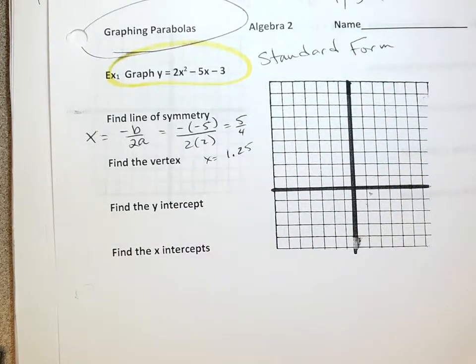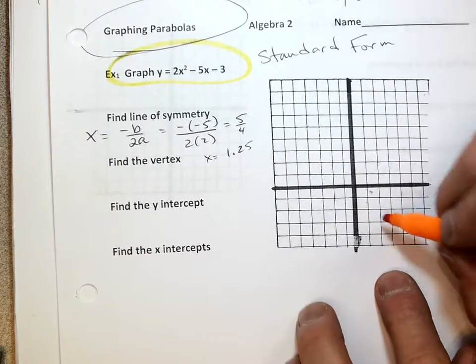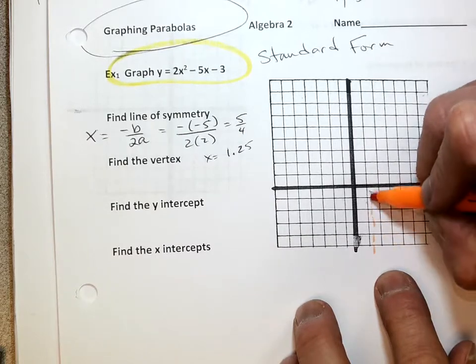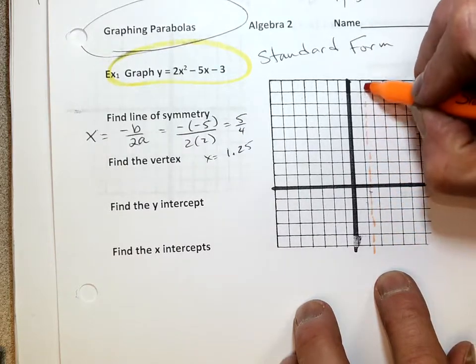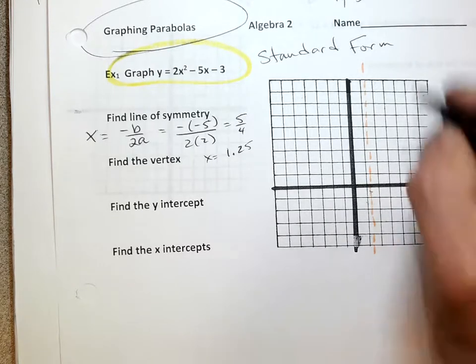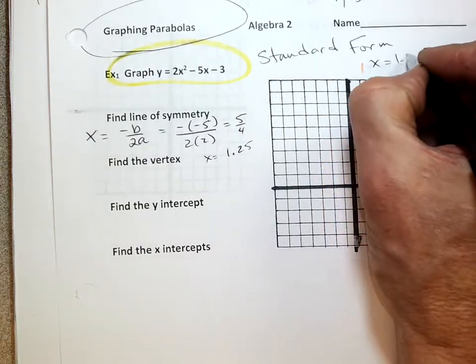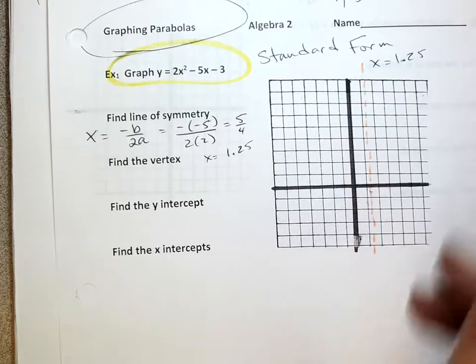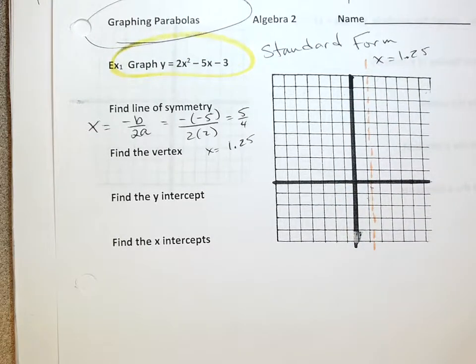So at 1.25, I'll estimate where that line of symmetry goes. There's my line of symmetry, right at x equals 1.25.